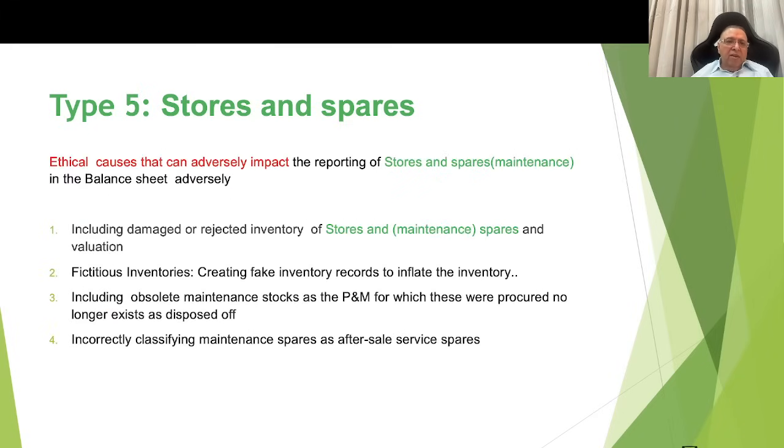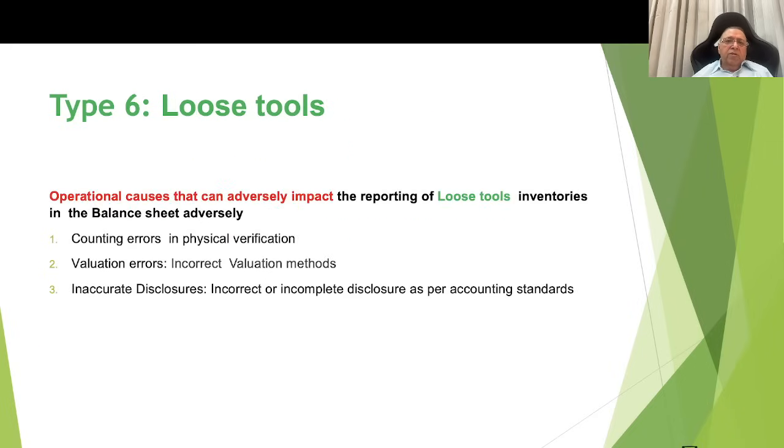Ethical causes can be number one, including damaged or rejected inventory of stores and maintenance spares in valuation. Number two, fictitious inventories creating fake inventory records. Number three, including obsolete maintenance stocks, as the plant and machinery for which these were procured and were to be used does not exist anymore or has been disposed of. And fourth, incorrectly classifying maintenance spares as after sales service spares.